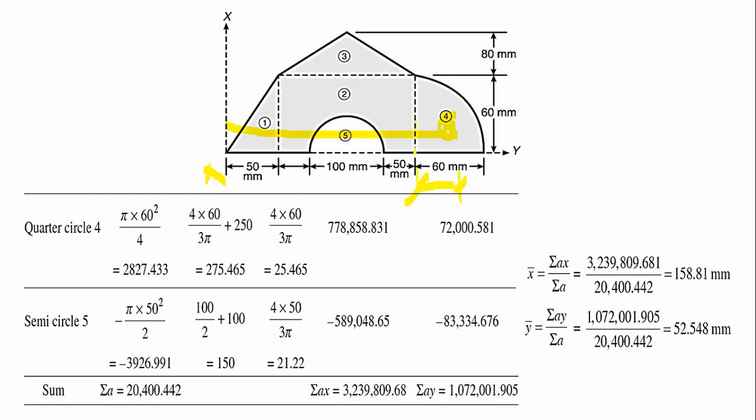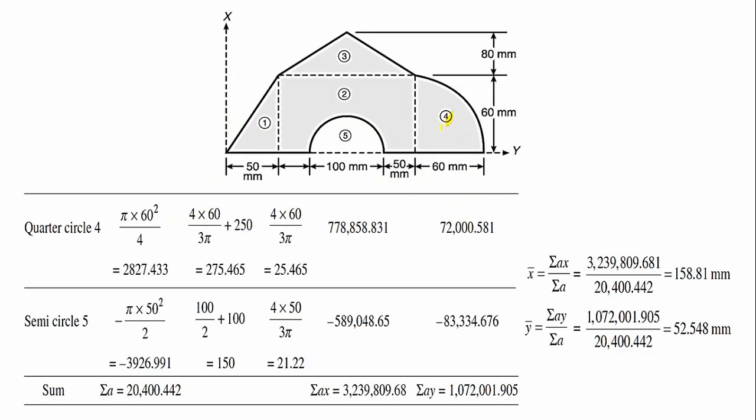From here till here the distance will be 50 plus 200, so this distance will be 250 plus this remaining distance, that is 4r by 3 pi. 4 into 60 divided by 3 pi. So you will get this answer. Total if you add up, you will get this distance.